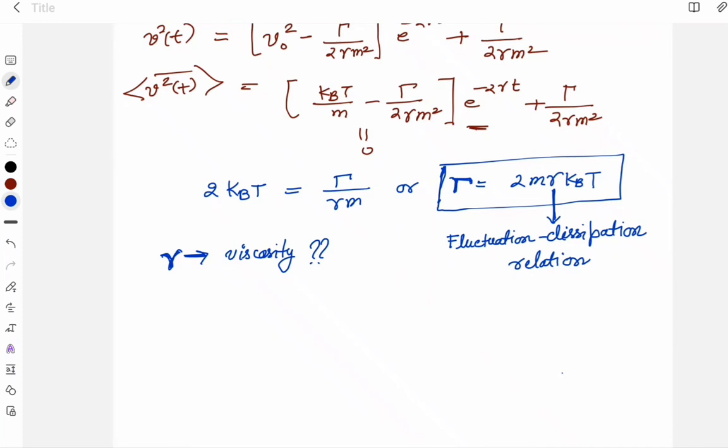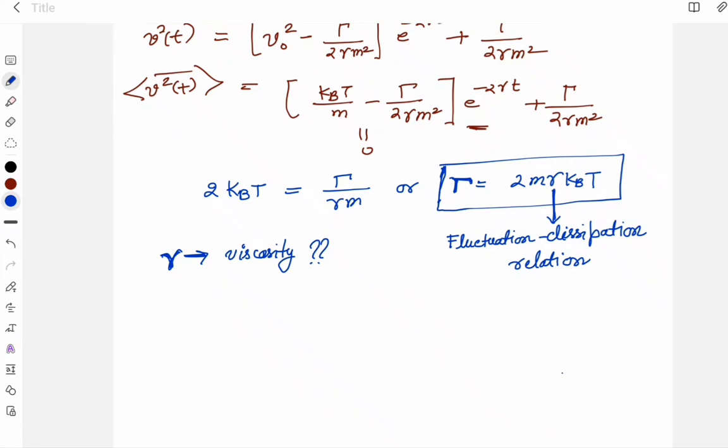We now have the expression for the root mean square velocity, and from that we obtained an important result which relates the strength of the noise to the drag term. That relation is the fluctuation dissipation relation.